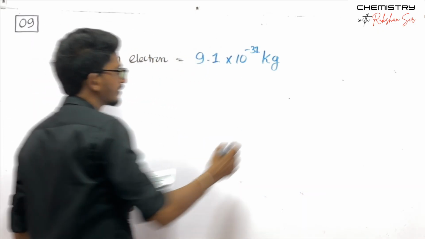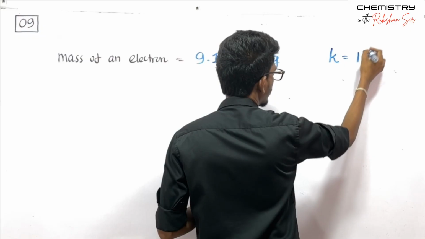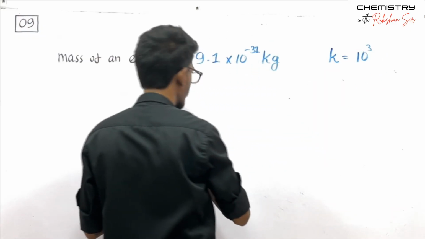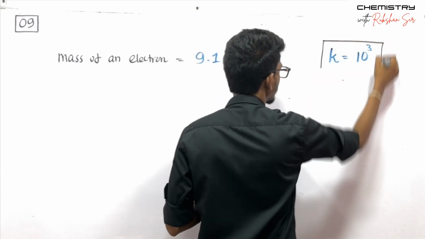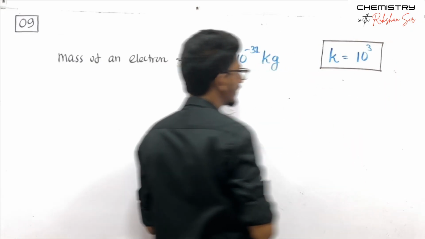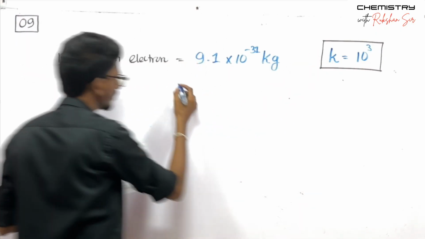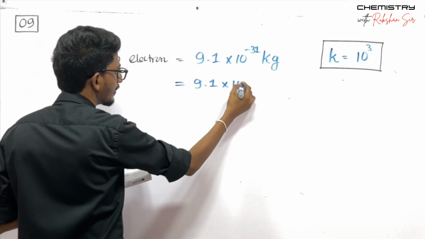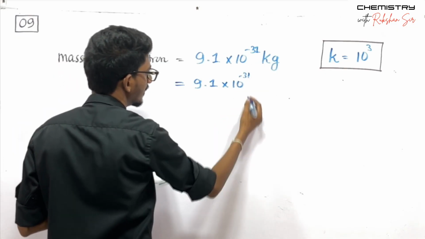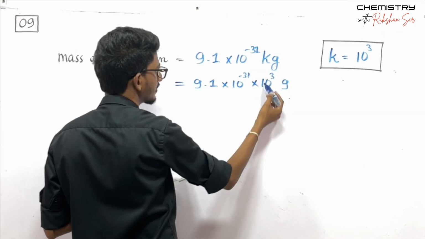So kilo means 10 to the power 3. Instead of the letter K, we can substitute 10 to the power 3 there. So this is going to be 9.1 into 10 to the power minus 31, times 10 to the power 3 grams.